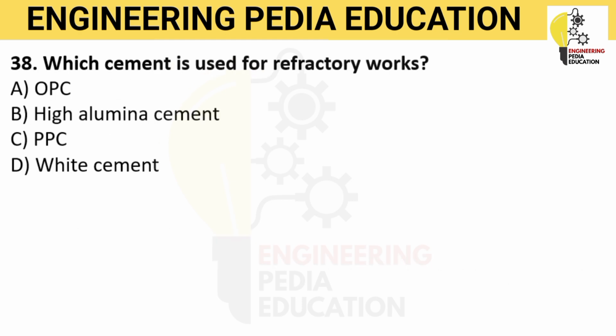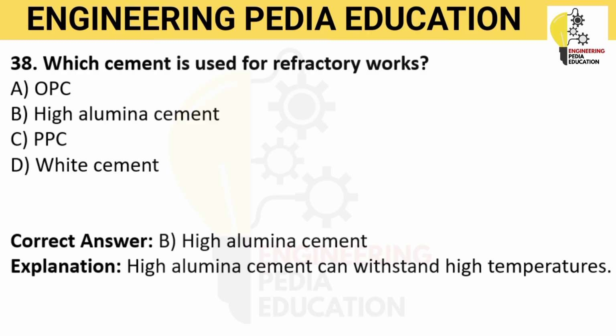Which cement is used for refractory work? OPC, high alumina, PPC, white cement. So the correct option is high alumina cement. High alumina cement can withstand high temperature, so it's used for refractory work.